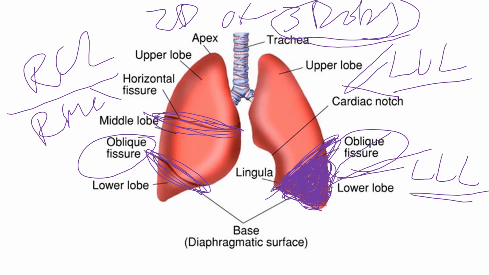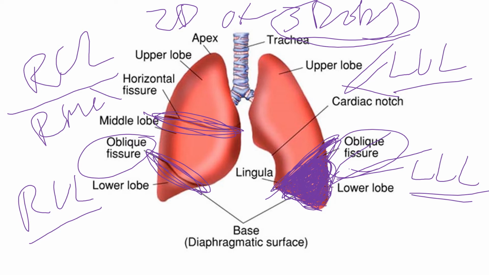Because this is a 3D object, and it's going to sound weird, but think of it as almost a spherical object.